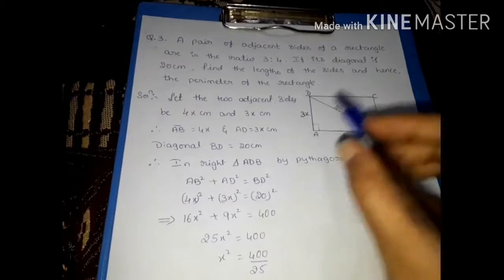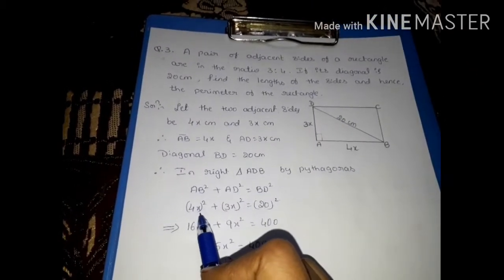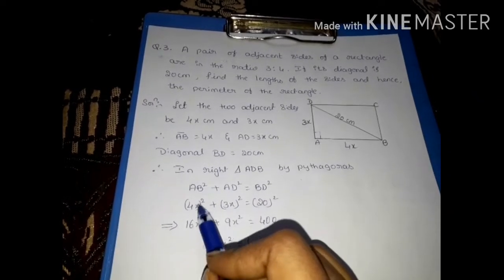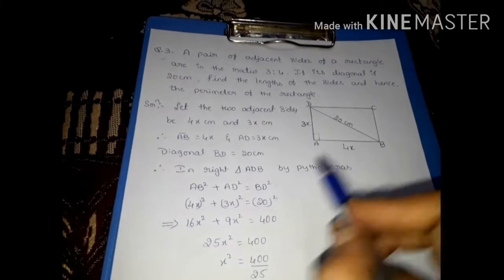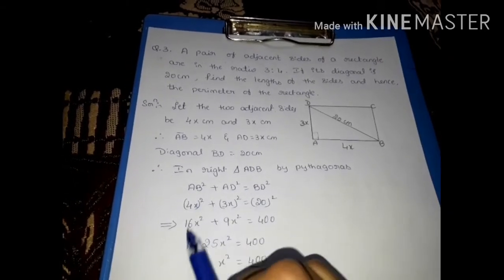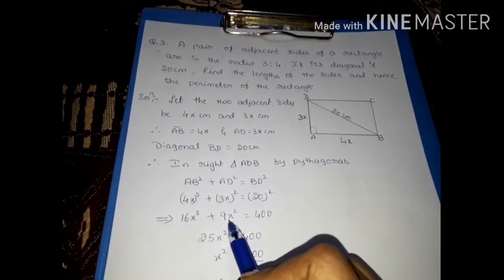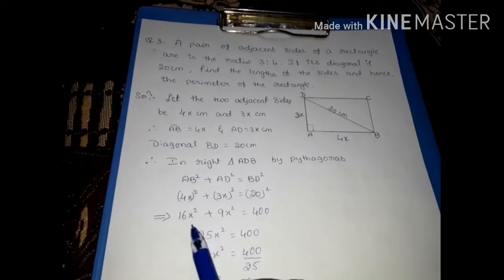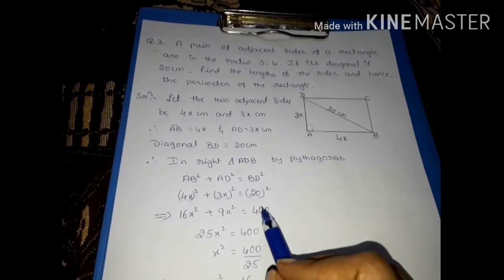AB square plus AD square is equal to BD square. AB square is 4x whole square plus AD square is 3x whole square, equal to 20 whole square. 4x whole square is 16x square plus 3x whole square is 9x square, equal to 20 into 20, 400. 16 plus 9, 25x square is equal to 400.